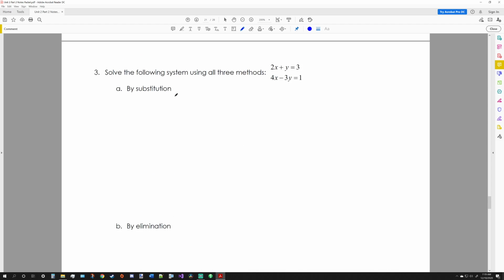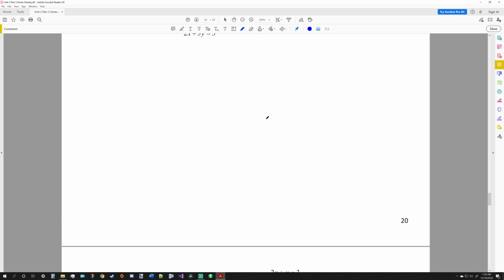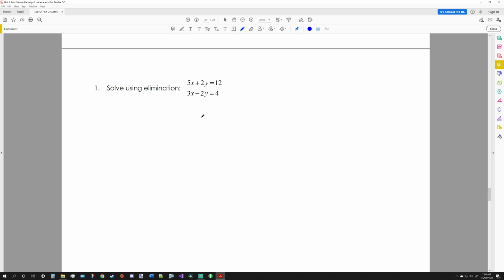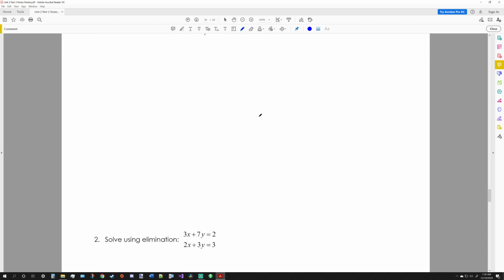And so we would want to solve this same system the three different ways, keeping in mind you should get the same solution each time, but it's just doing it in a different way. Okay, so you guys can pause the video, practice questions 1 and 2 right now, and then unpause, and I will work it out as well so that you can see and check your answer. All right?